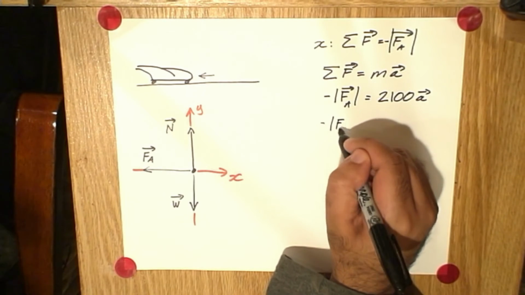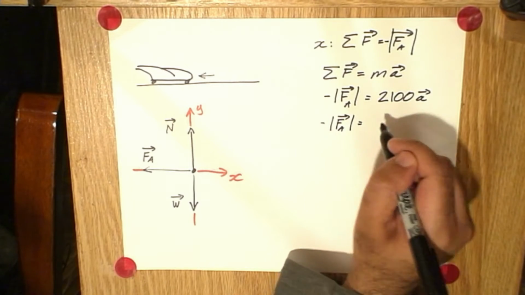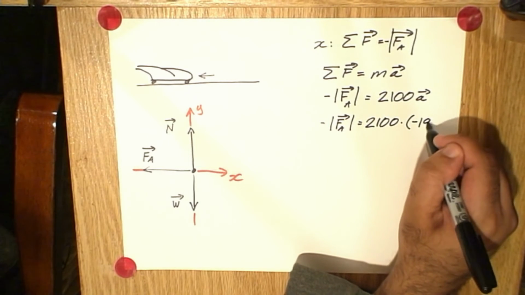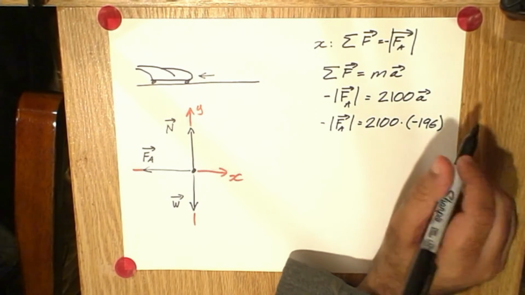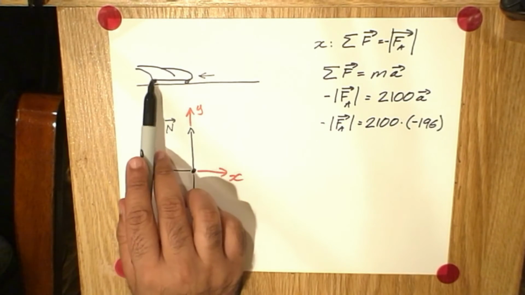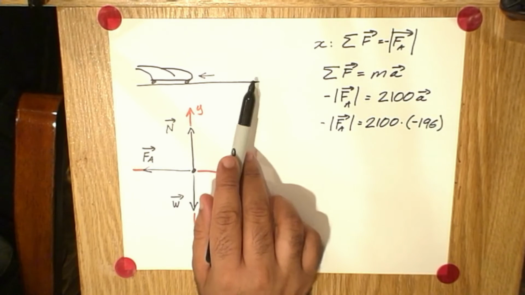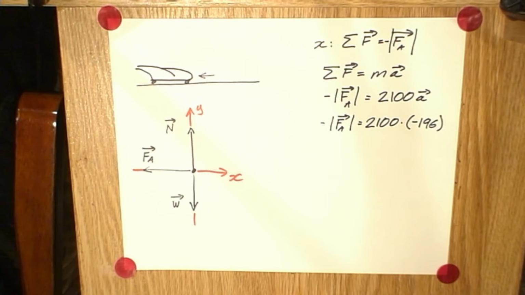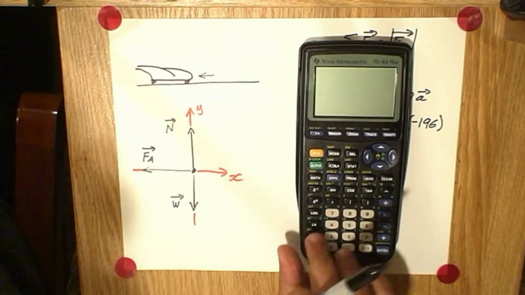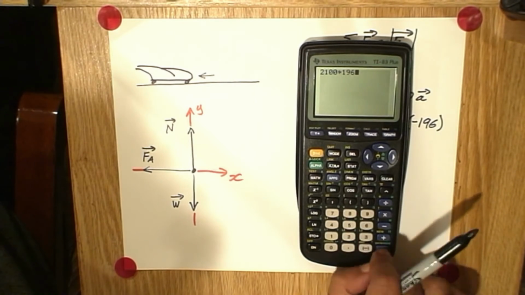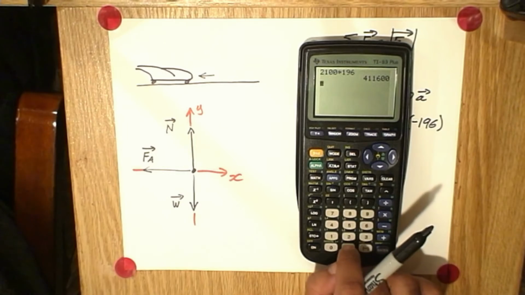So 2100 times negative 196. That negative corresponds to the fact that it's in the negative direction. It's slowing down in the positive direction, so that qualifies as a negative acceleration. So 2100 times 196 gives us 411600.